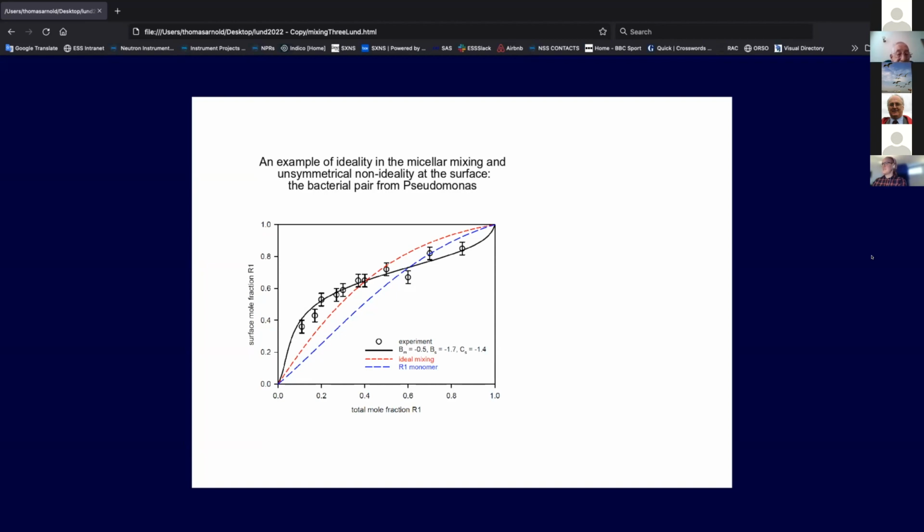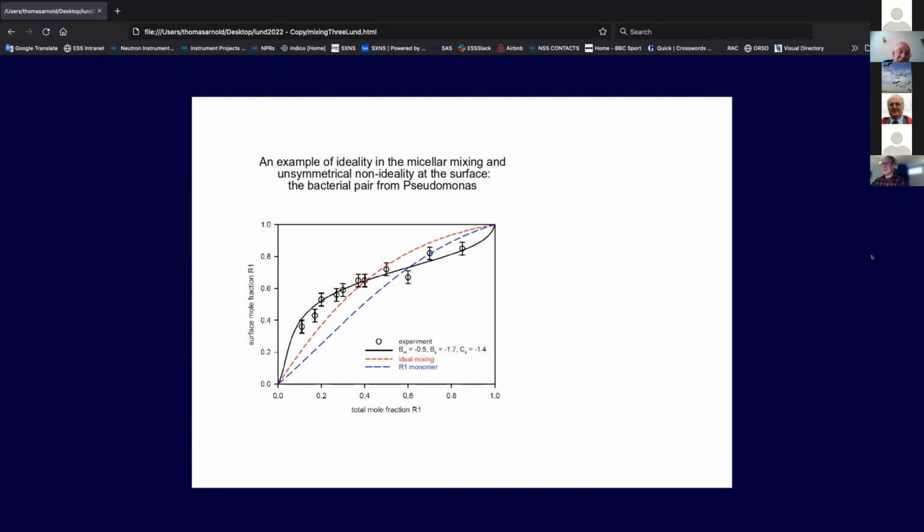And here, the micellar mixing is almost ideal, and that's shown as the blue line, which shows one of the monomers, its composition as a function of total mole fraction, and it doesn't deviate much from the diagonal there.